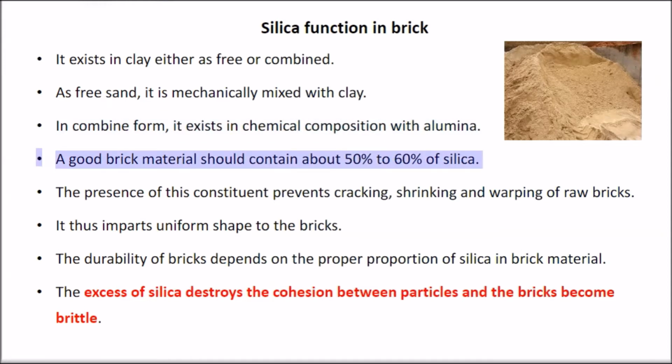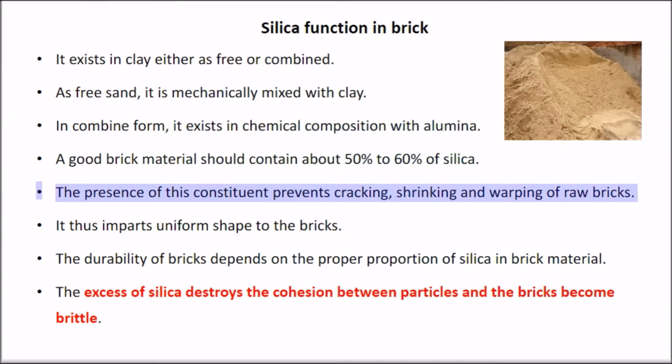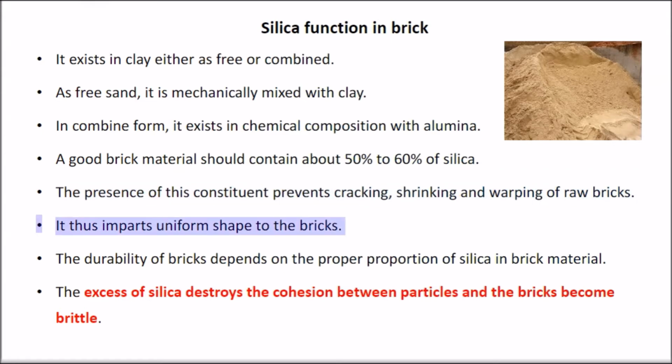A good brick material should contain about 50% to 60% of silica. The presence of this constituent prevents cracking, shrinking, and warping of raw bricks. It thus imparts uniform shape to the bricks.